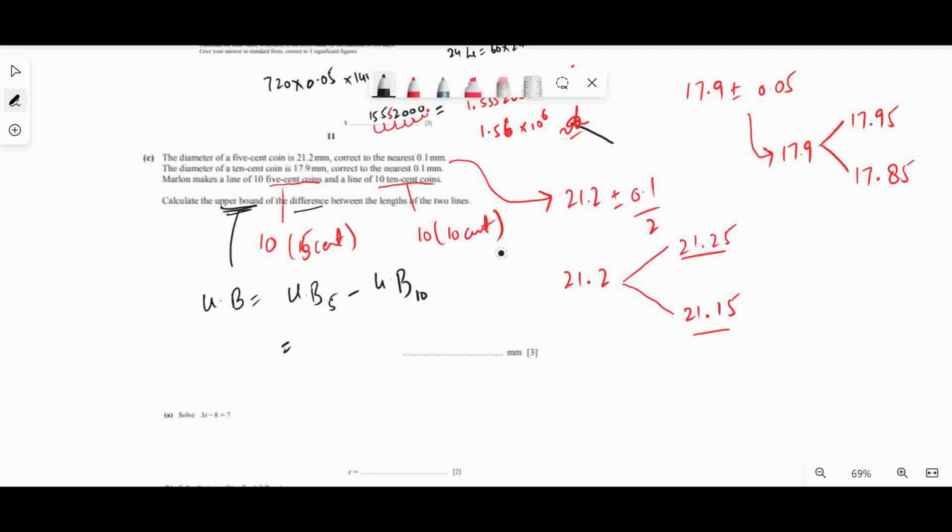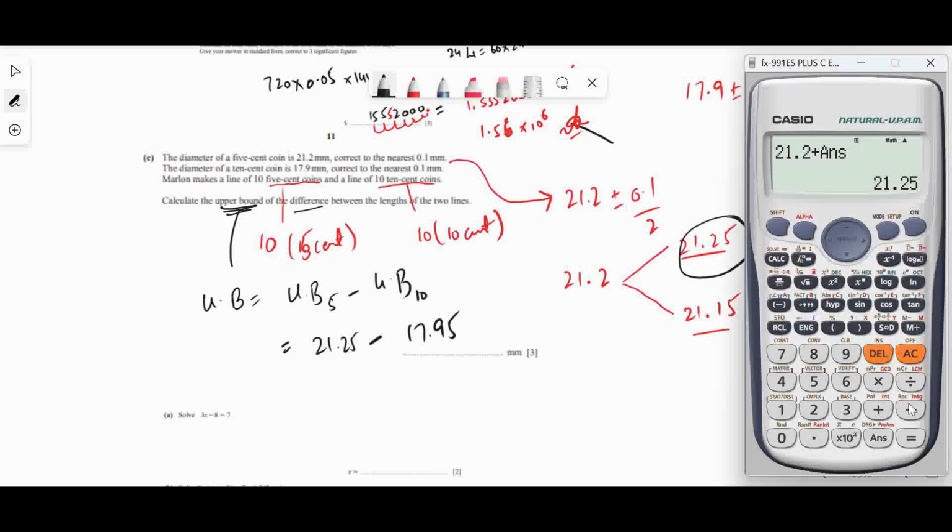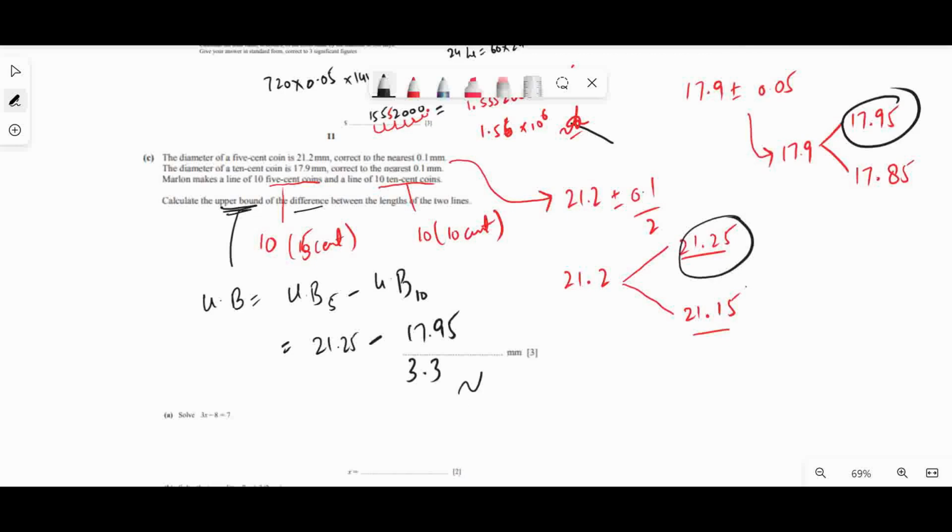Here the upper bound of 5 cent was 21.25, so 21.25 minus 17.95, because this was the upper bound of the second one. So 21.25 minus 17.95, the difference of 3.3 will be the final answer.